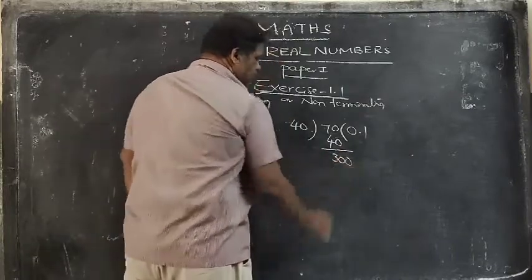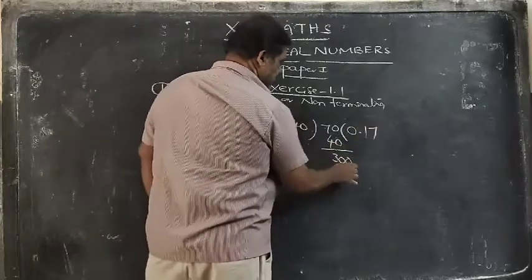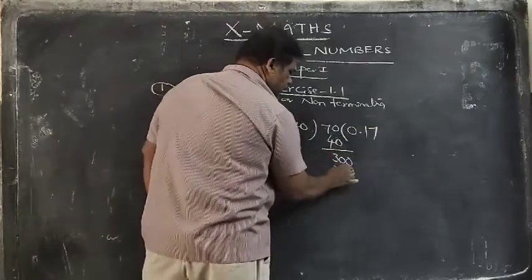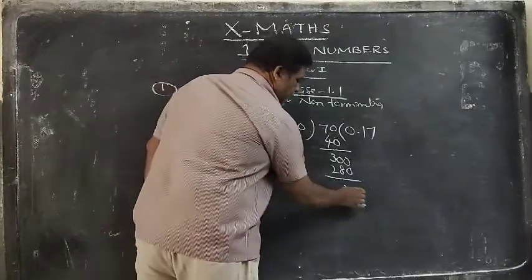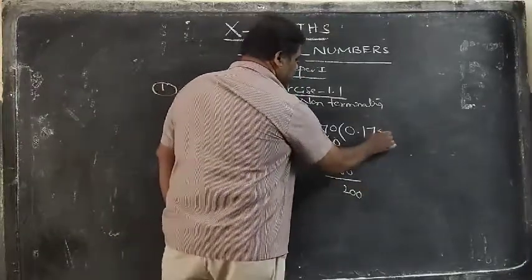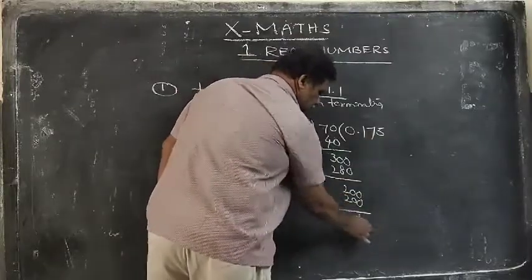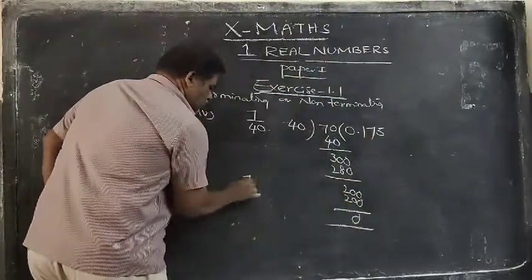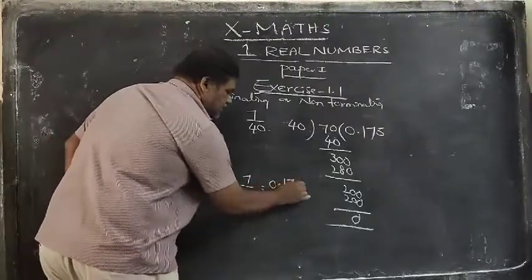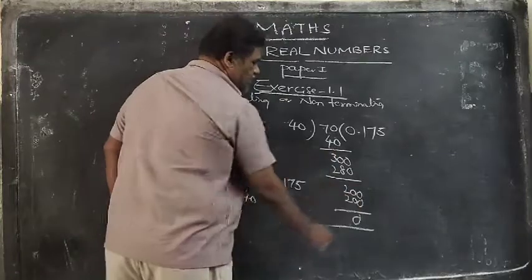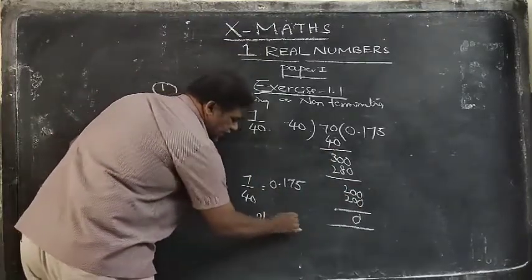Keep 0 here. 7 into 40 is 280. So remainder is 20. Keep 0. So 7 by 40 is equal to 0.175. The division process is stopped, so we can say that it is a terminating decimal.